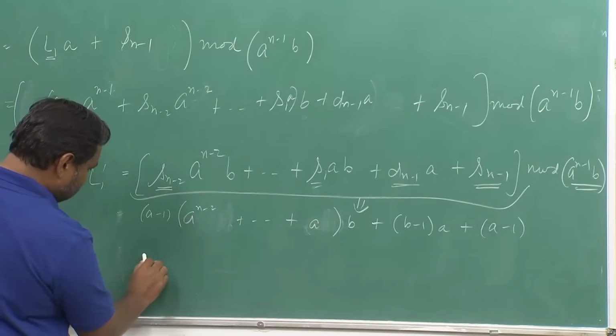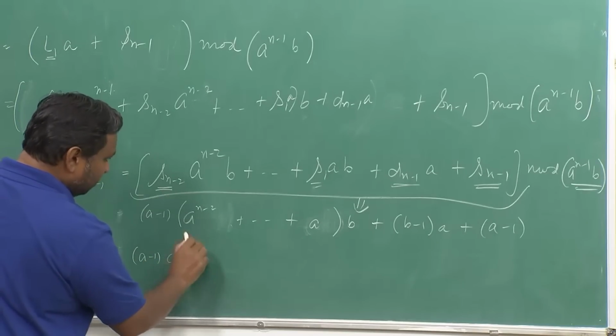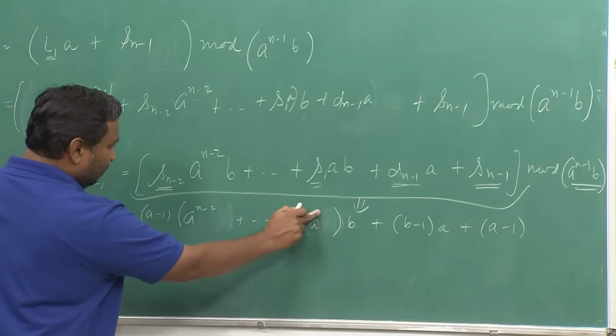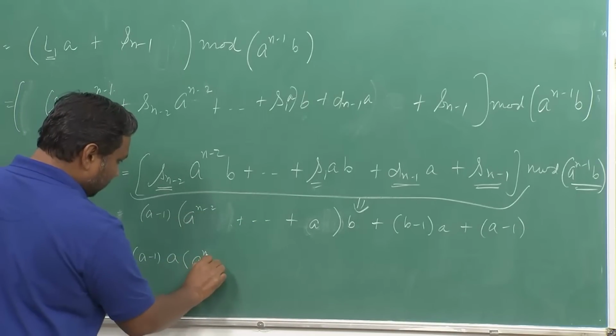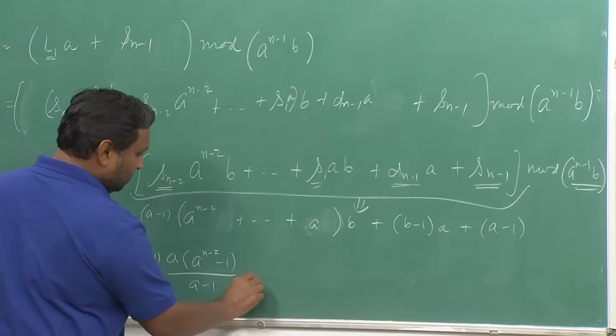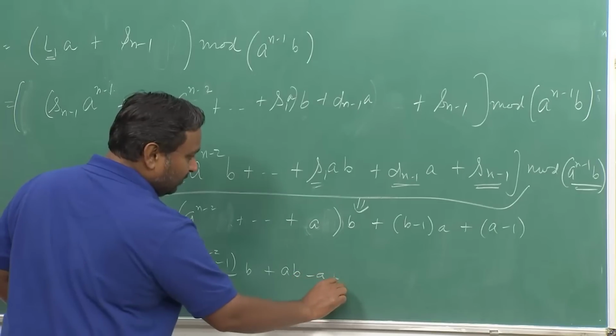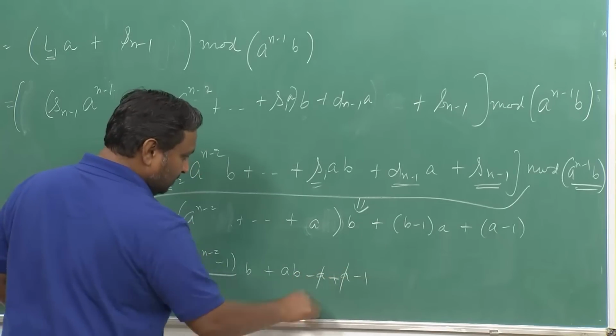So, when I do this summation A minus 1 goes as it is, A will be the first term, number of terms here are 1 to n minus 2. So, A raised power n minus 2 minus 1 by A minus 1 into b plus Ab minus A plus A minus 1.